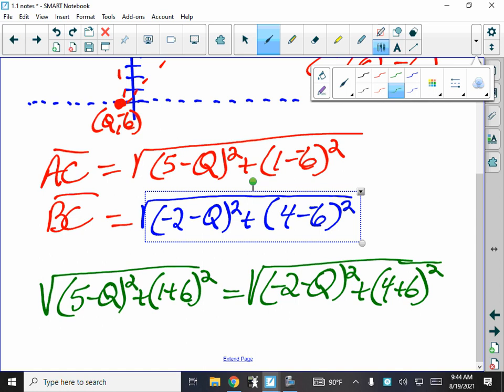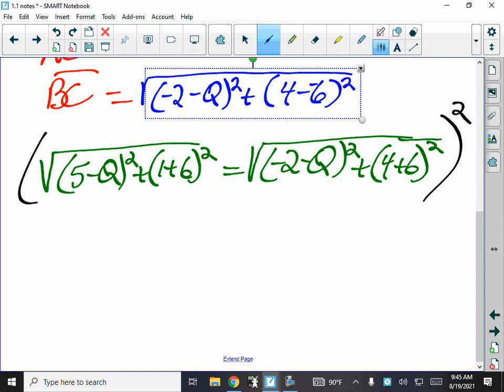So I'm going to totally illegally write this mathematically, but just follow along. I can square the left side, and I can square the right side. What I just wrote is kind of incorrect. I guess it really should look like this. But in my mind, I just thought, hey, I better square both sides.